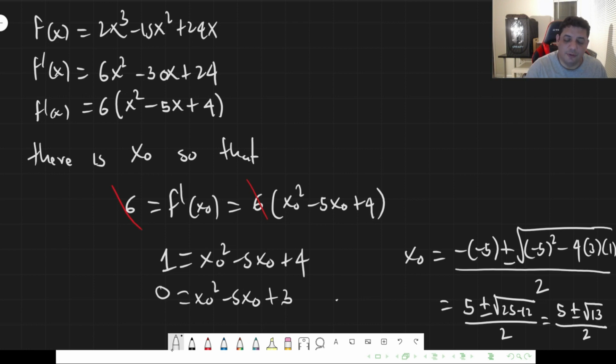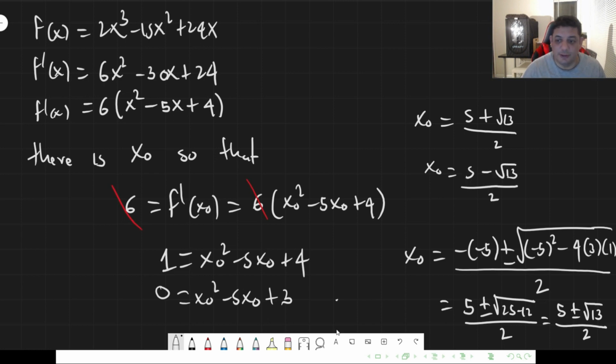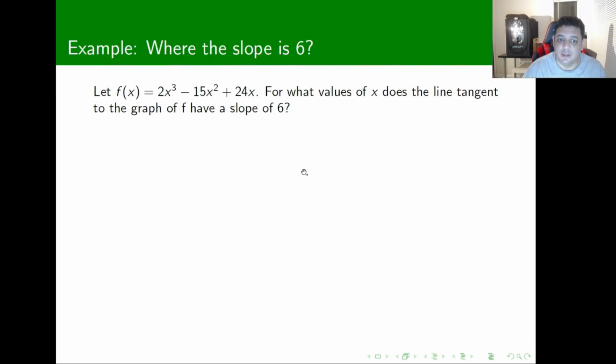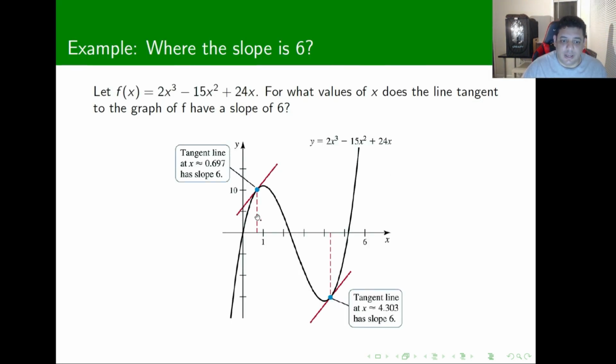And so either of these two results is going to work. So this is a quadratic. Okay? And so that's exactly what's happening. This is going to give me these two values, 0.697 and 4.303. Those are two values where the slope is exactly 6.